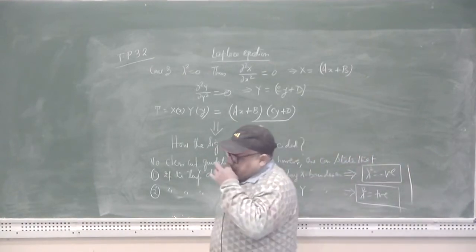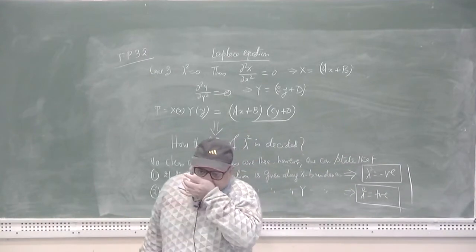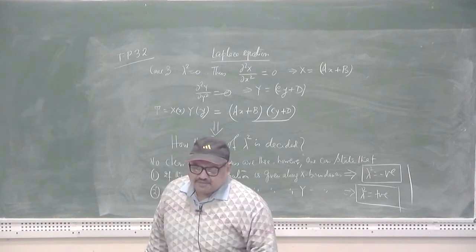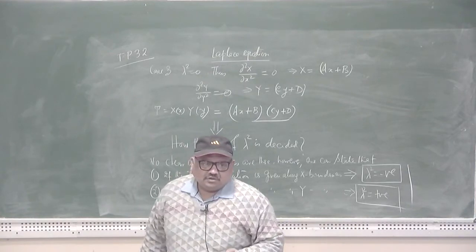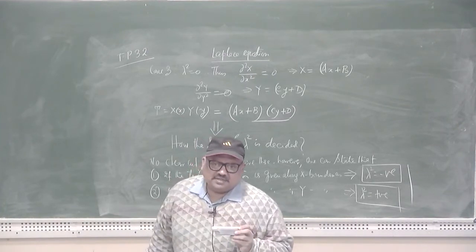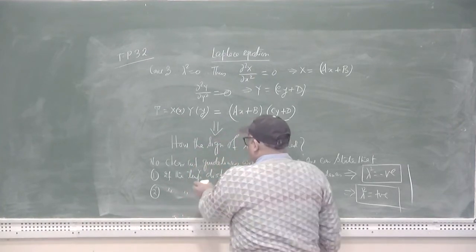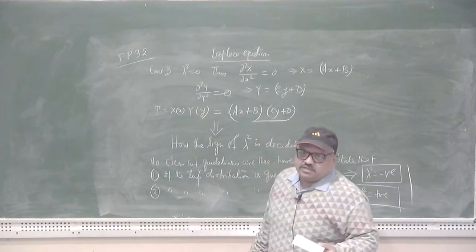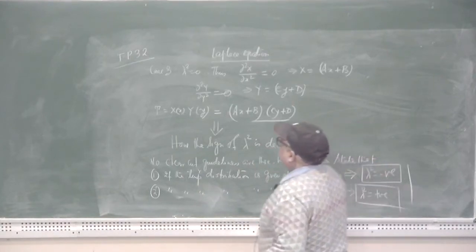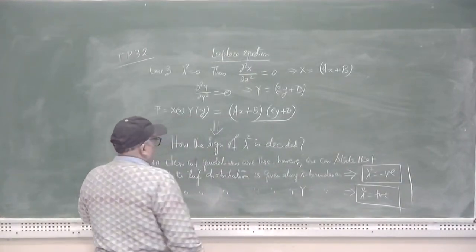These are the two guidelines which are generally applicable in most cases. You can apply these guidelines at first instance: temperature distribution along the x boundary, lambda square negative; and if it is given on the y boundary, lambda square positive.